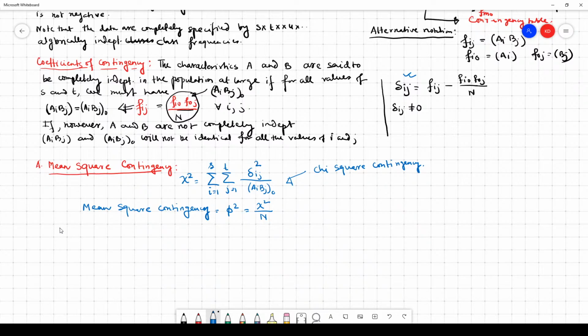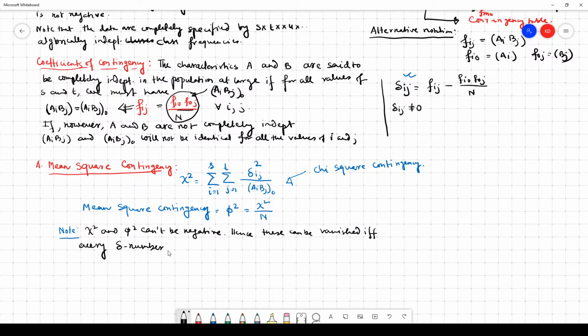We may note that chi square and phi square cannot be negative because both are sums of squares, hence they should be non-negative quantities, and hence this can vanish if and only if every delta number vanishes.